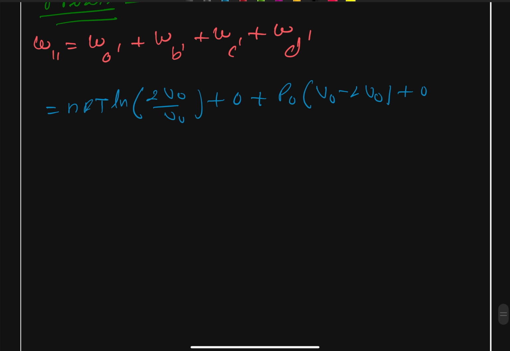And we get W2 is equal to, we can just substitute our temperature also.